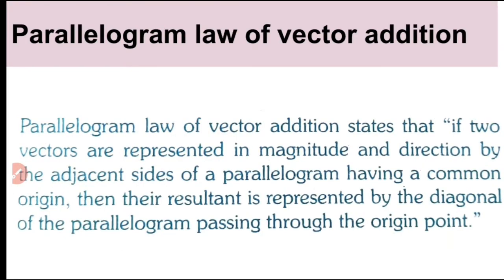Now coming to the next method, that is the parallelogram law of vector addition. Let's see what it says. The parallelogram law of vector addition states that if two vectors are represented in magnitude and direction by the adjacent sides of a parallelogram having a common origin, then their resultant is represented by the diagonal of the parallelogram passing through the origin point.